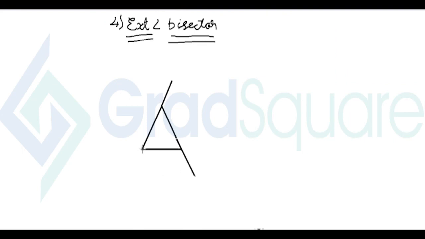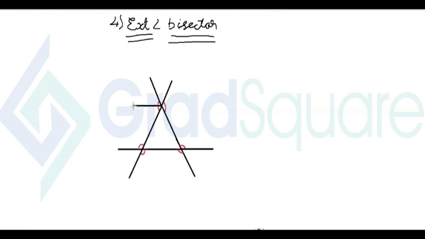Why? Because I can form 3 exterior angles like this by producing the sides in a clockwise direction. I can form 3 more like this by producing the sides in the counterclockwise direction. So this is an exterior angle, this is an exterior angle, these two are exterior angles, and these two are exterior angles. When I'm talking about exterior angle bisectors, those are straight lines which are going to bisect exterior angles, and there are going to be 6 exterior angle bisectors.